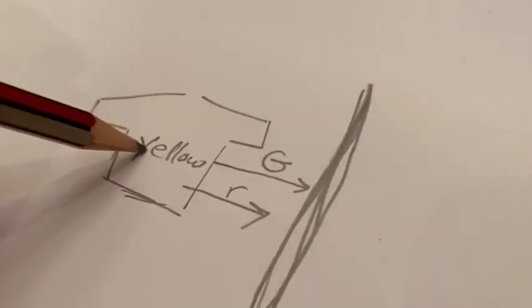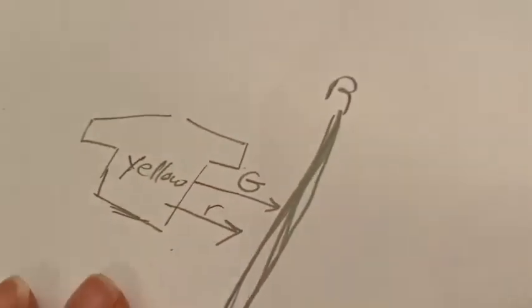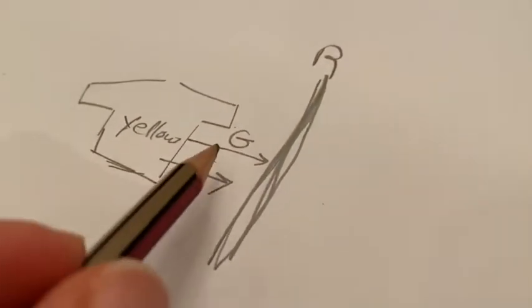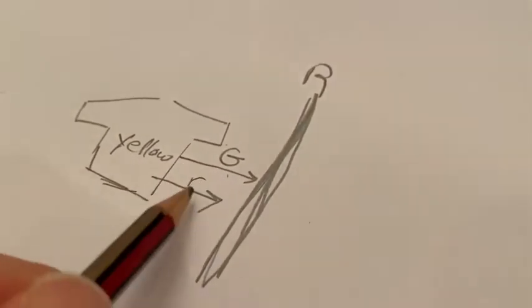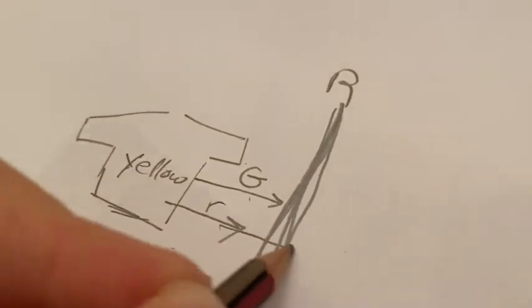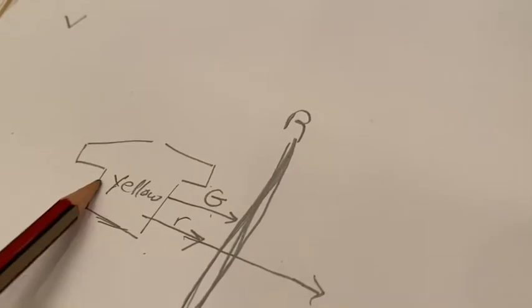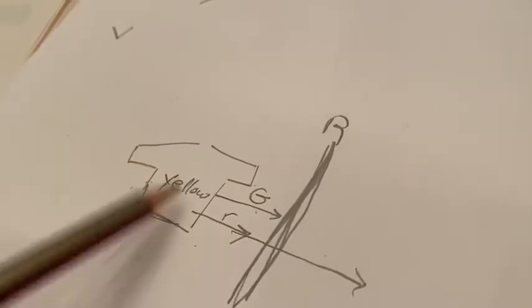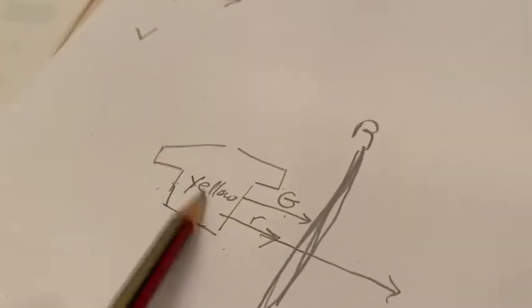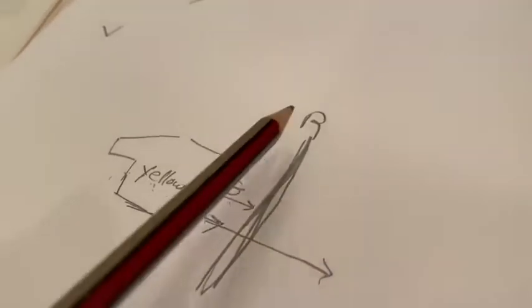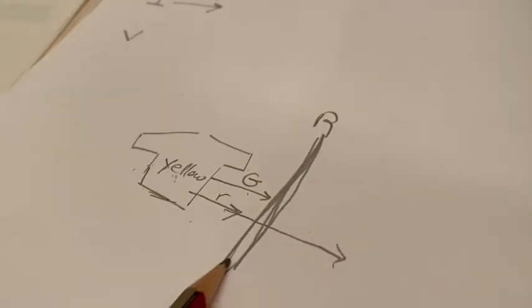Because it's a secondary color made up from green and red. And this is a red filter. So it will absorb the green color and only the red color will pass. So a yellow t-shirt will look red under a red filter.